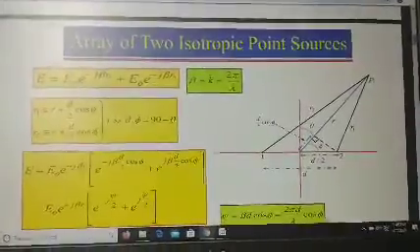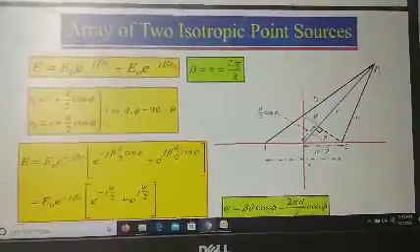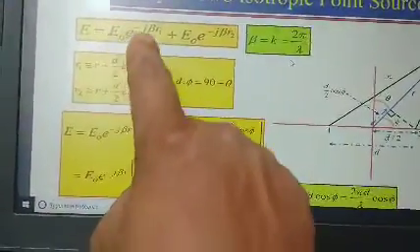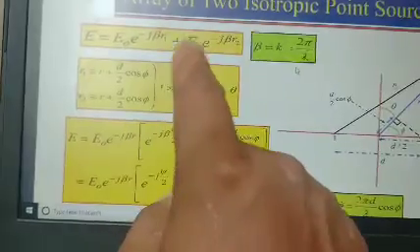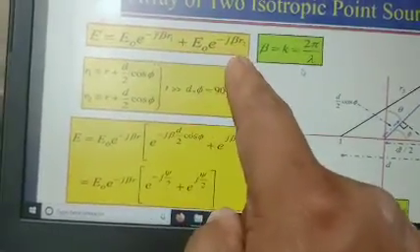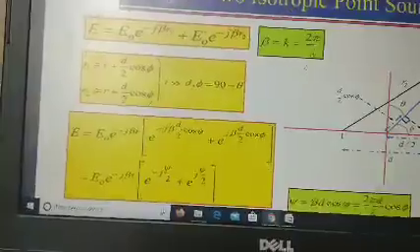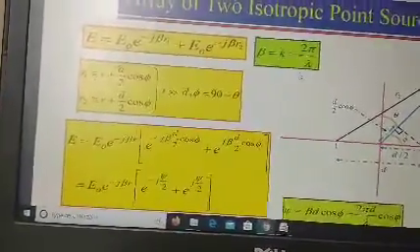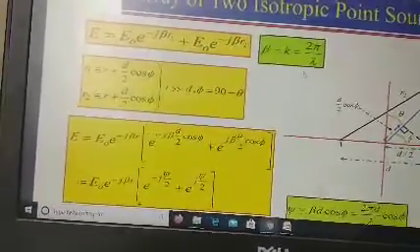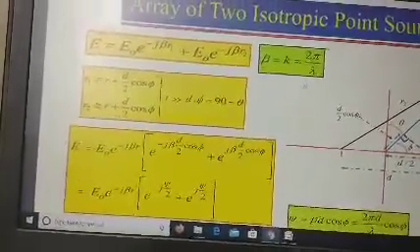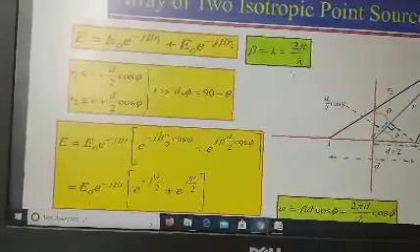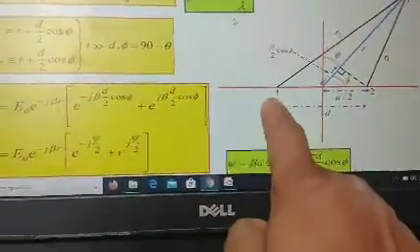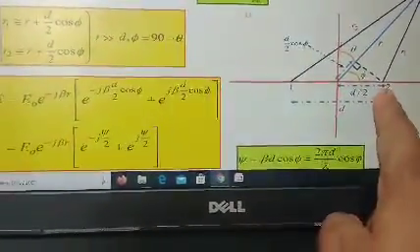Basically, for the array of two isotropic point sources, the equation is E equal to E0 e raised to minus j beta r1 plus E0 e raised to minus j beta r2. Here E0 is the unit distance electric field, and these terms represent the fields of isotropic point source 1 and isotropic point source 2.